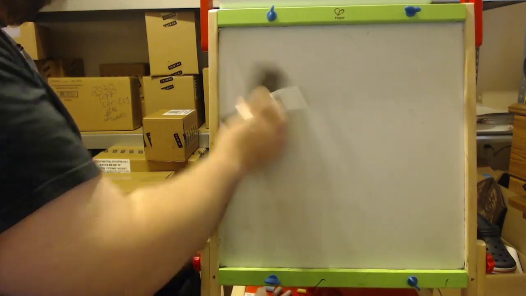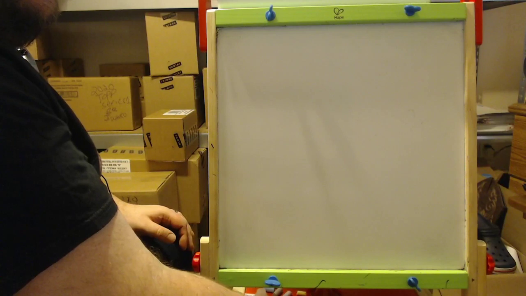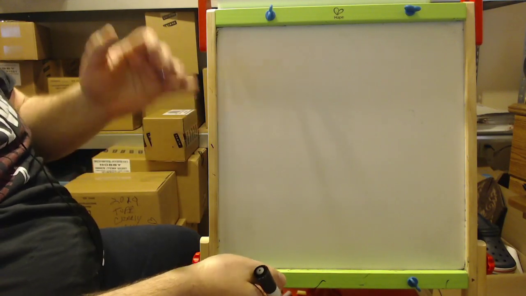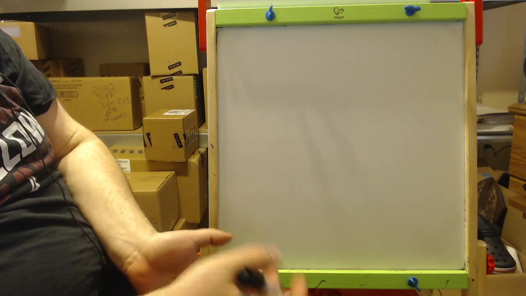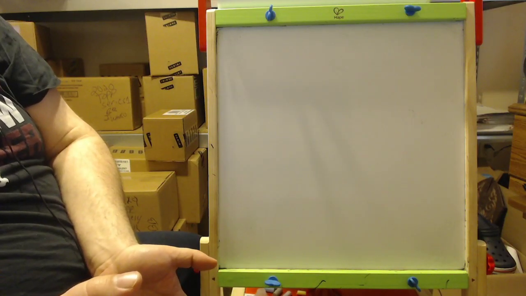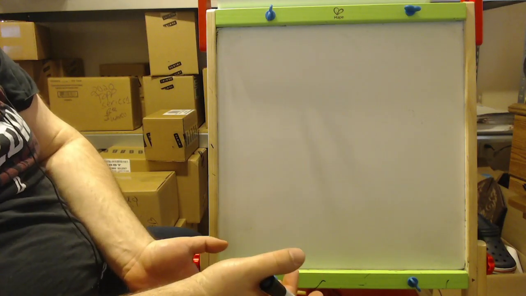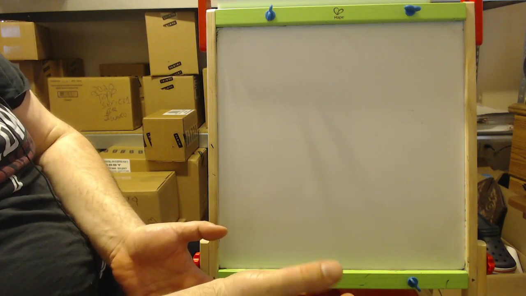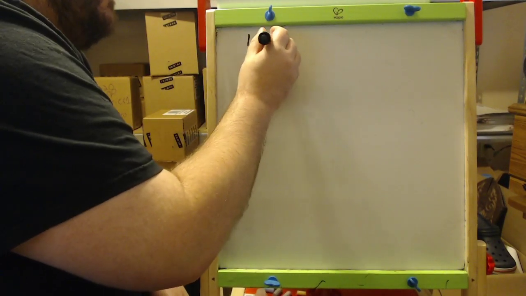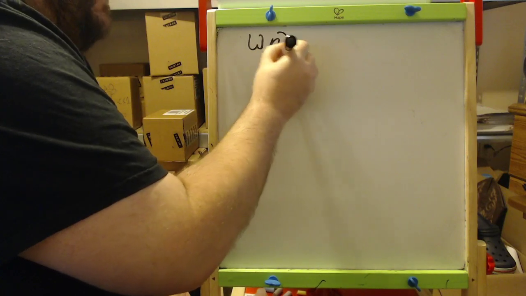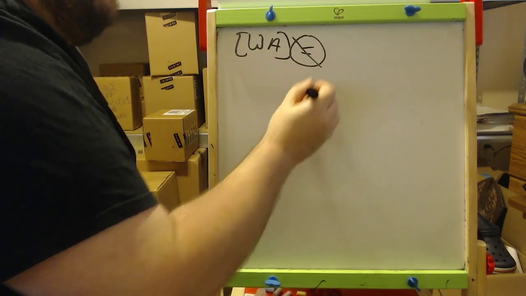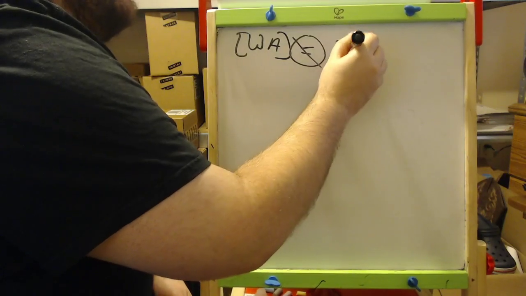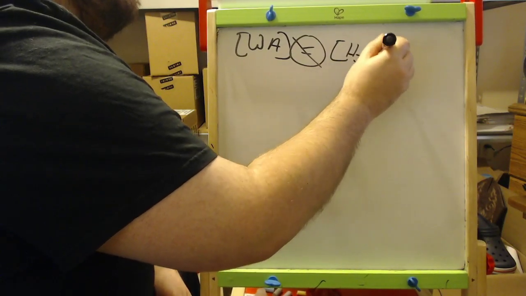Now, what about weak acids and weak bases? Weak acids don't completely dissociate in water, so I can't assume that the concentration of the acid is the concentration of hydronium. So for a weak acid, the concentration does not equal the concentration of H3O plus.